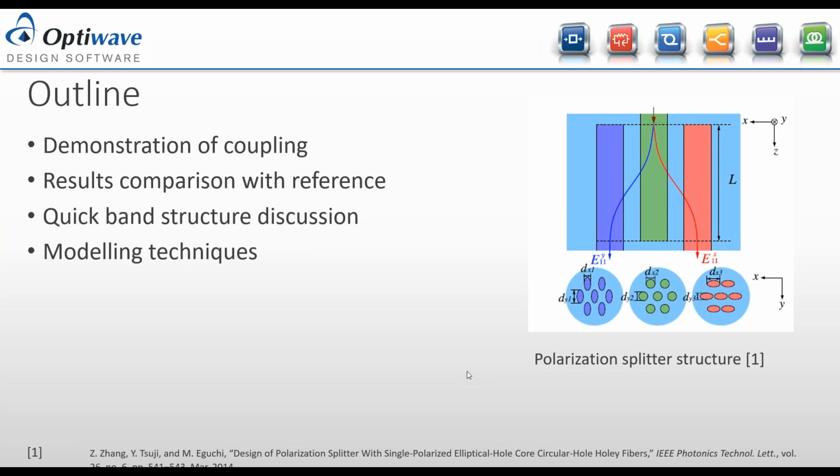So if you come in with this middle one that supports both types of modes, you can split out the polarization into each arm, depending on if it's y-polarized or x-polarized. That's the interesting part of this paper: you can give it any polarization in the fundamental mode of the green core, and then strip out each polarization independently into the different arms alongside it.